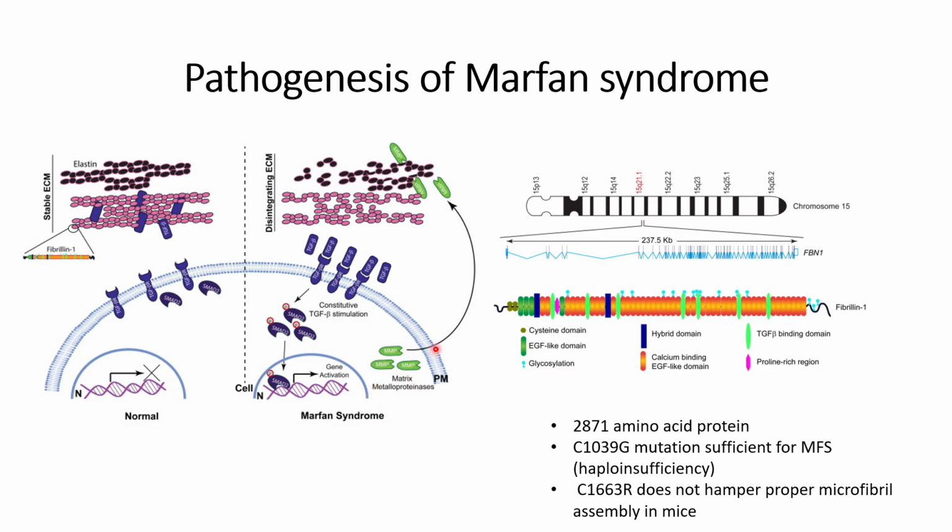These matrix metalloproteases will then go into the extracellular matrix and affect elastin, and the functioning of elastin will get affected. This creates a problem in the connective tissue, and in the long term will lead to a condition that might affect different body parts such as the heart, spine, eyes.